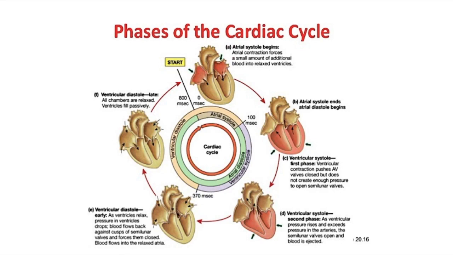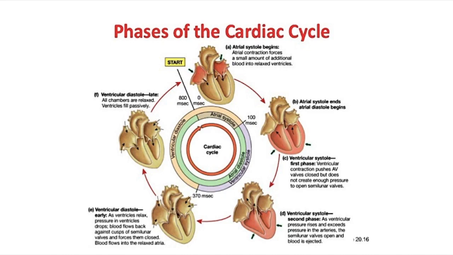You see, the superior vena cava and the inferior vena cava transport the deoxygenated blood into the right atrium at the same time as the four pulmonary veins bring oxygenated blood into the left atrium.